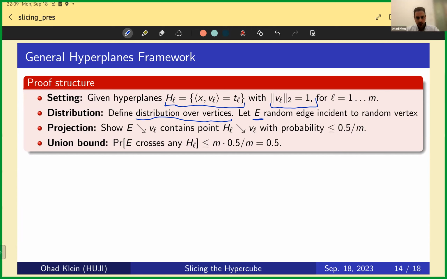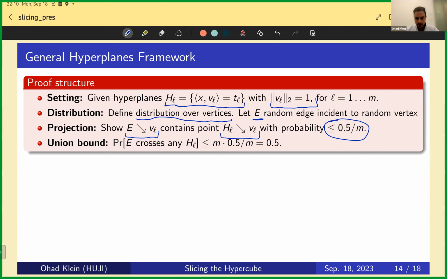Now in the second step of the proof, we show that for the edge E projected on any normal vector V, the probability that this interval contains the point H of L projected on V is at most a constant divided by the number of hyperplanes.